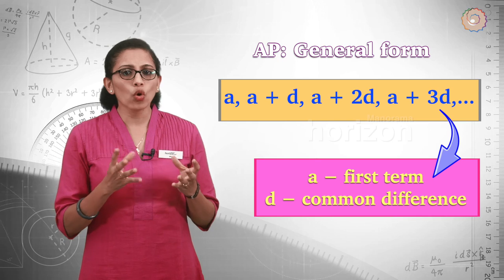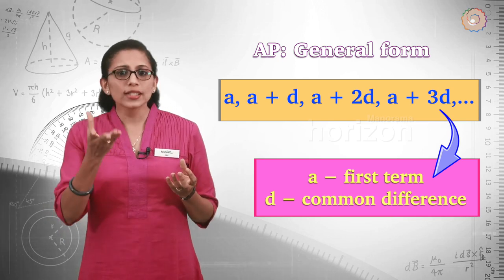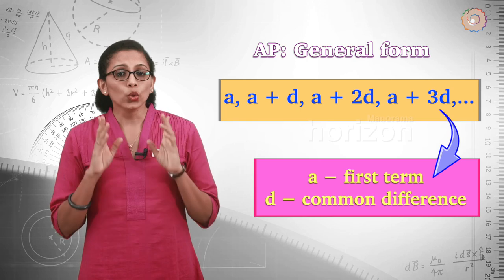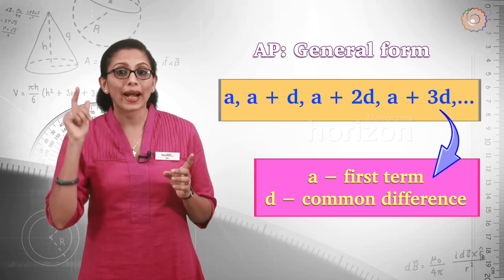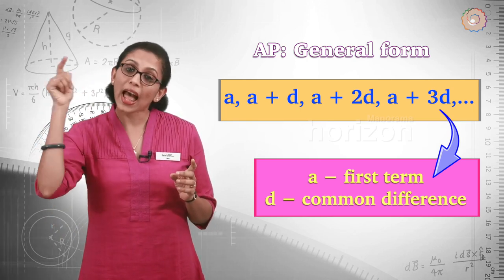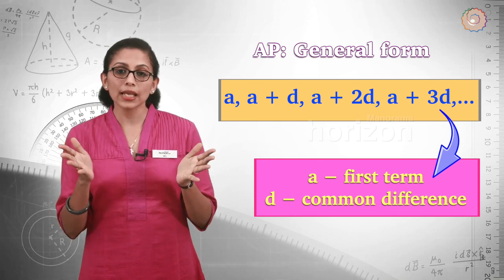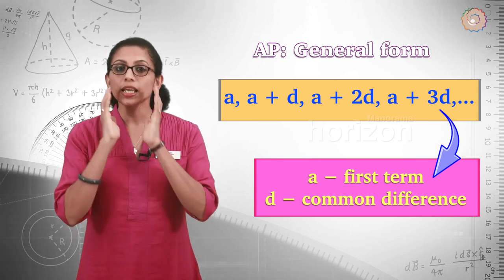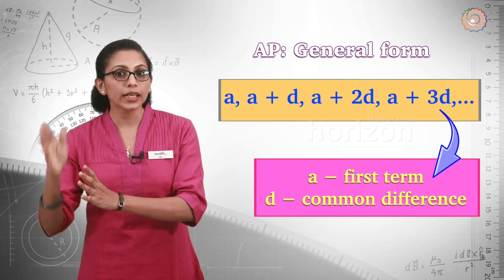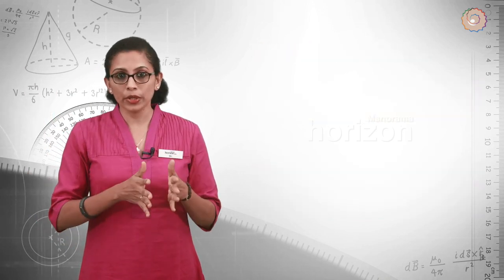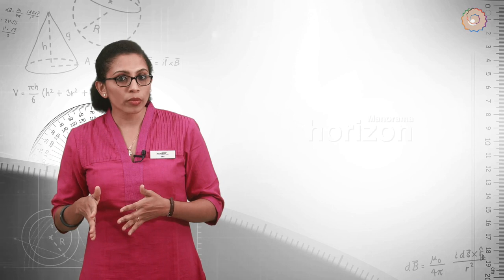Is it enough to know the first term alone, or is it enough to know only the common difference? You will find that you will need to know both the parameters, the first term as well as the common difference. With this, we can form the AP as A, A plus D, A plus 2D, A plus 3D and so on. Similarly, if you are given an AP, you can find its first term and common difference.